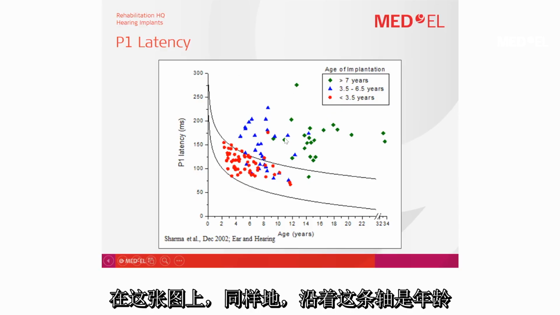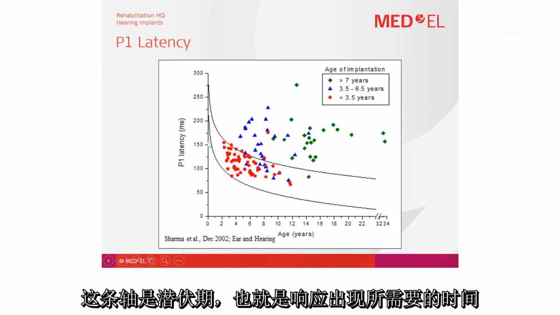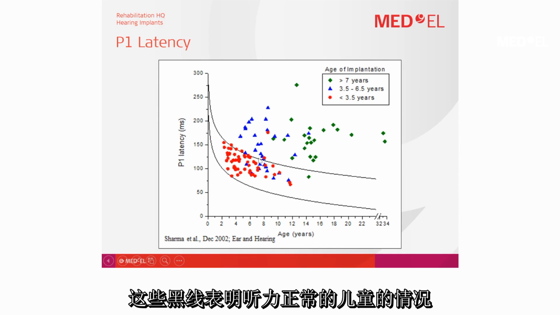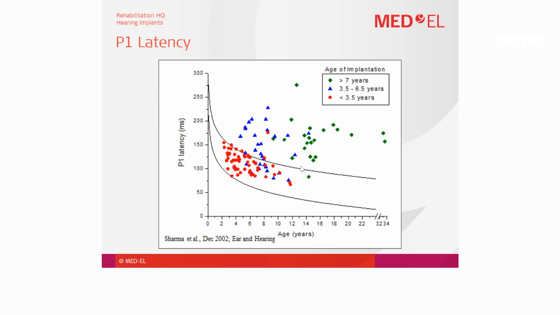So then researchers said, well, what does that look like for children who receive cochlear implants at different ages? So on this graph, again, we have age along this axis, and we have latency, or the time for that response to appear, on this axis. These black lines have been directly transferred from what was found from normally hearing children.